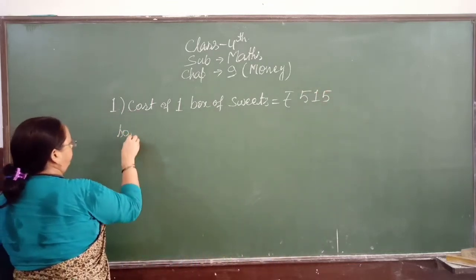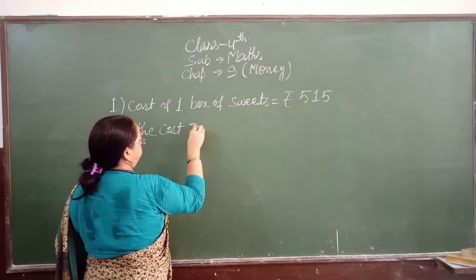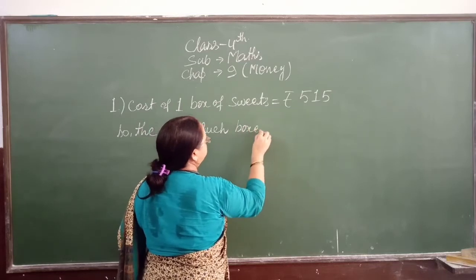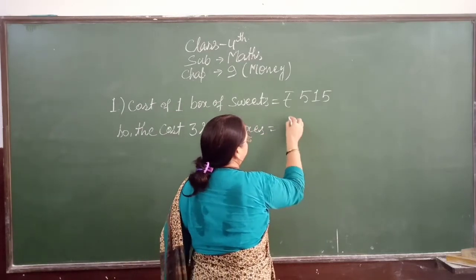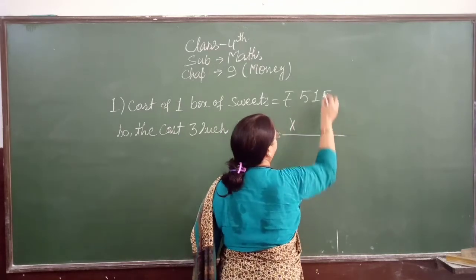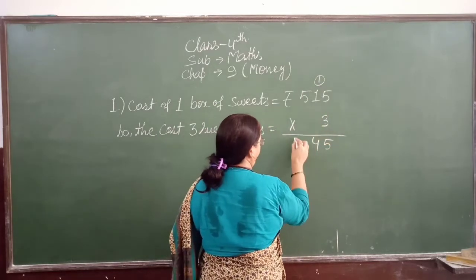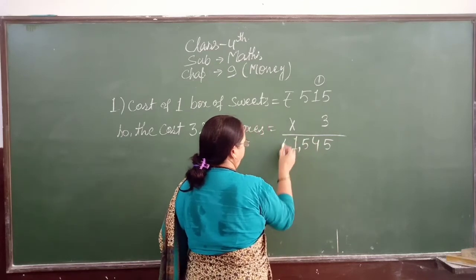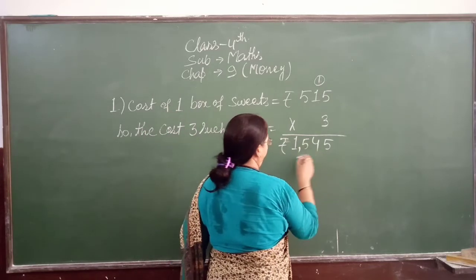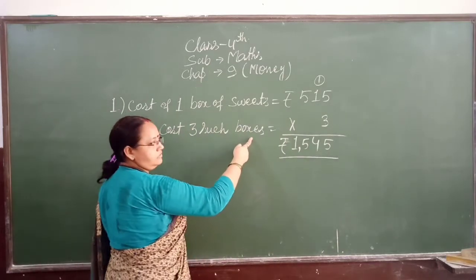So the cost of 3 such boxes is equal to 515 multiplied with the 3, that is 5 3 ja 15, 3 1 ja 3 plus 1, 4, और 5 3 ja 15, that is 1545 rupees.